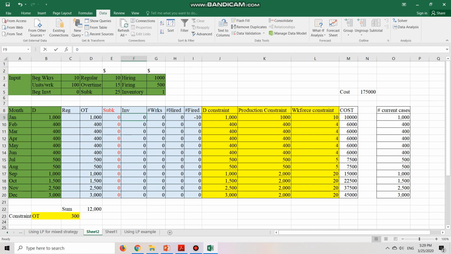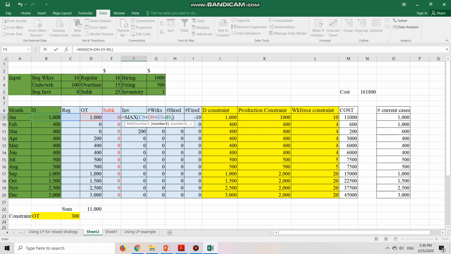So inventory, in January, you can use the maximum between the total production, regular plus overtime plus the subcontract, and we compare with minus the demand.